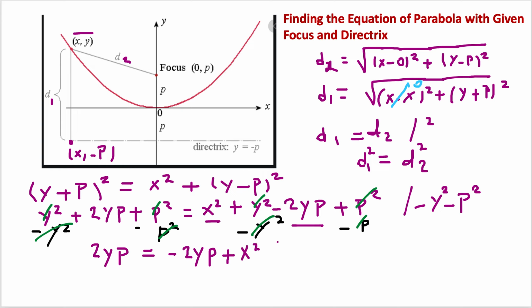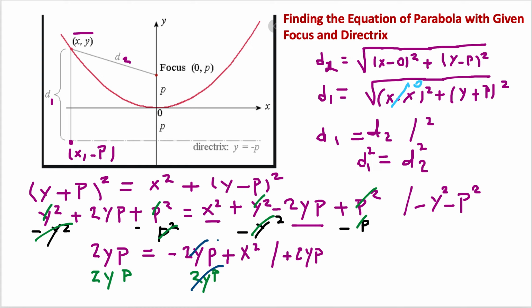Now I add 2yp to both sides. On the left it becomes 2yp plus 2yp, and on the right the minus 2yp and the plus 2yp cancel.